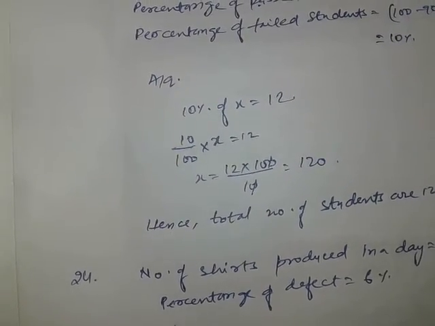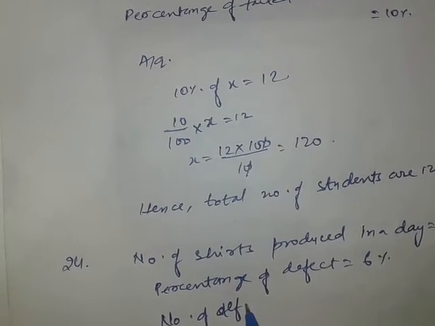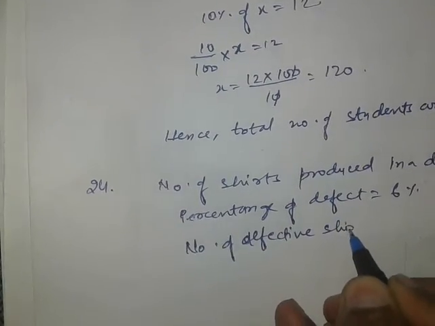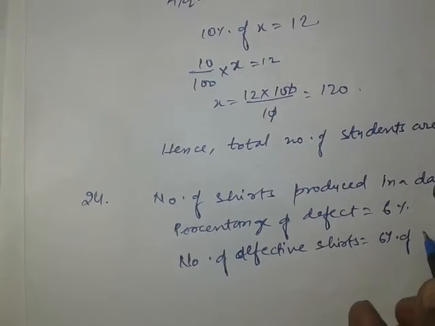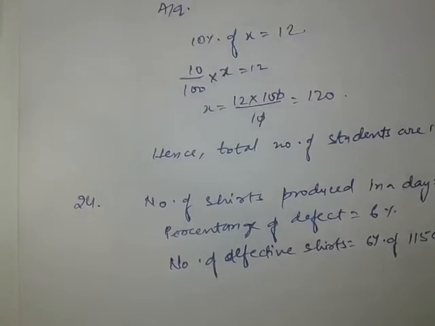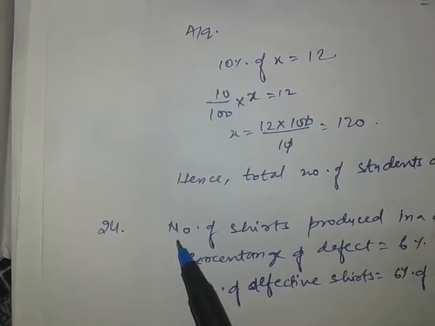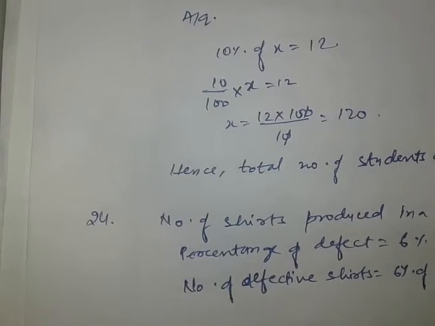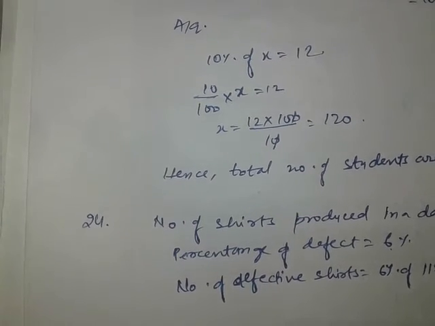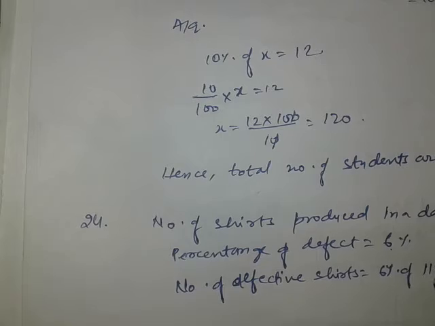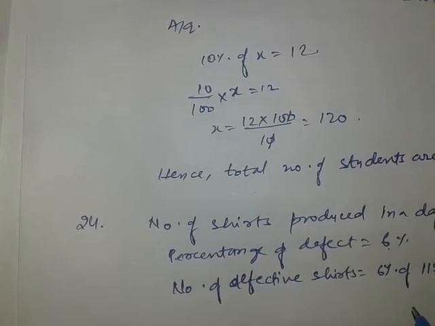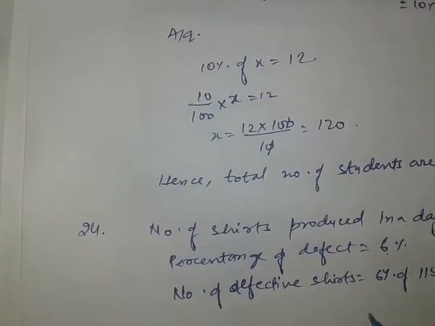The number of defective shirts is 6% of 1150 shirts. Again, I explain what I am writing. The number of shirts produced in a day is 1150. The percentage of defects is 6%, meaning out of the total shirts produced in a day, 6% are defective. So we have to find the number of defective shirts, then we can find the number of good shirts.